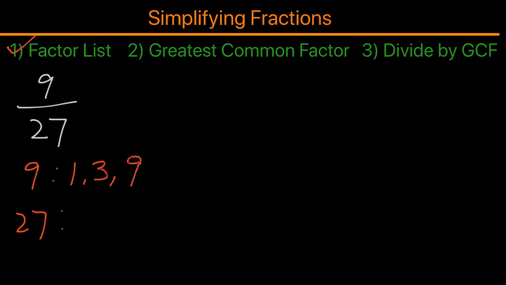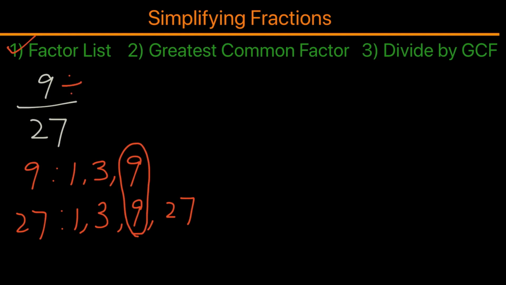For 27, again we have 1 times 27, and then 3 times 9 is 27, and then 9 times 3 is 27, and then the last one will be 27 times 1 is 27. So the greatest common factor here is 9. So we'll divide the numerator and the denominator by 9, and we'll see that this resulted in 1 over 3.